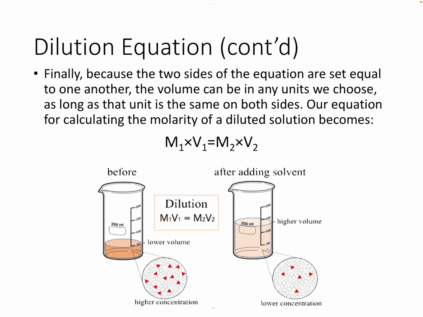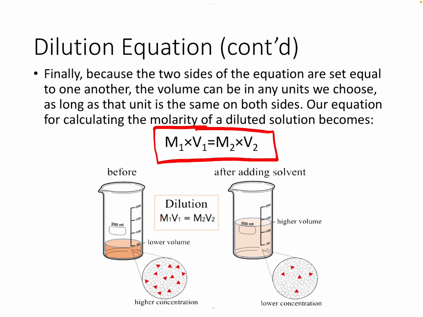So we can rewrite this as M1 times V1, the initial concentration times the initial volume, is equal to a final concentration times a final volume.